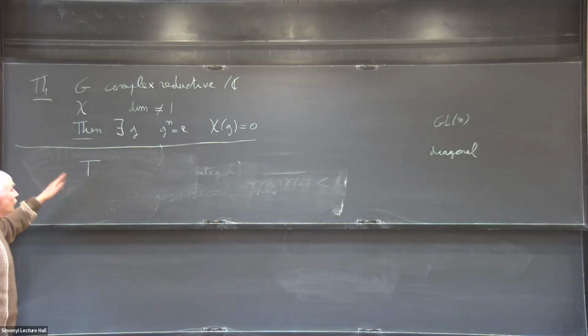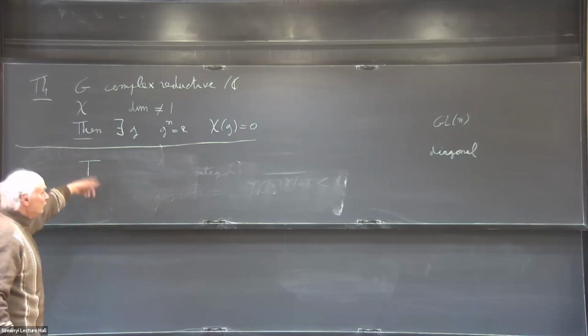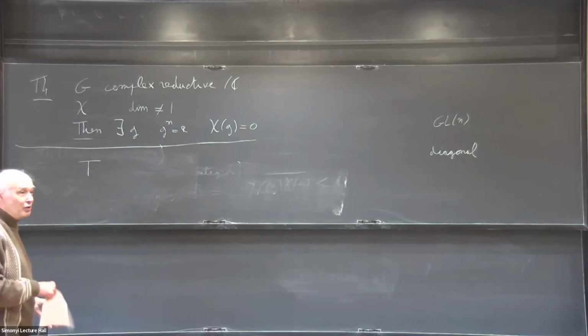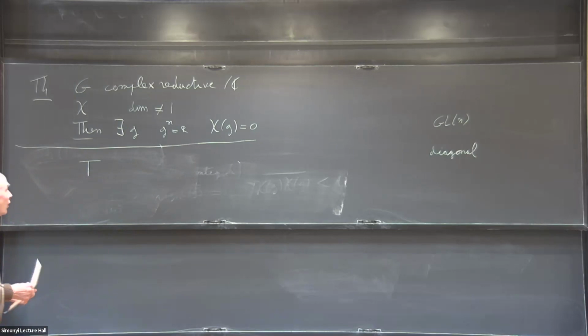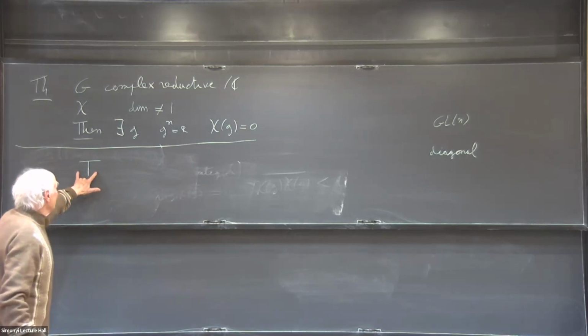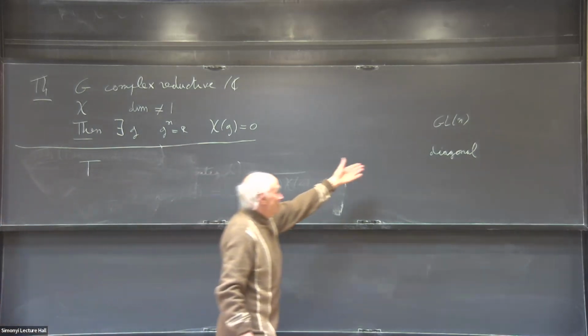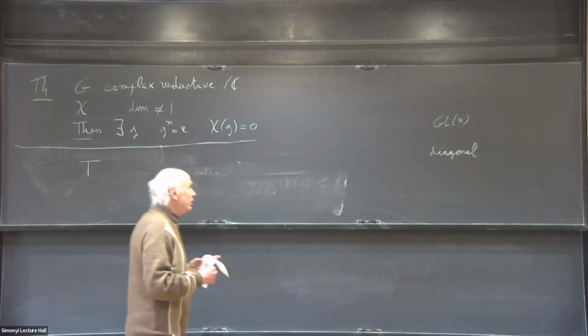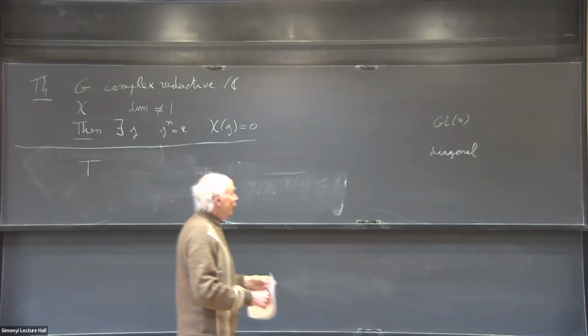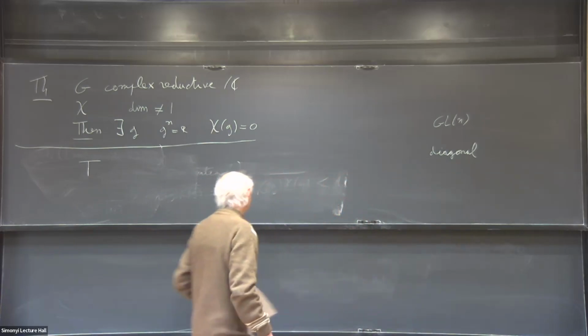Or I could also say that any element is a product of something conjugate to something diagonal times a commuting unipotent. So the story will take place essentially on the torus, so here essentially on diagonal matrices. And I will need a formula for a character on the diagonal matrices.